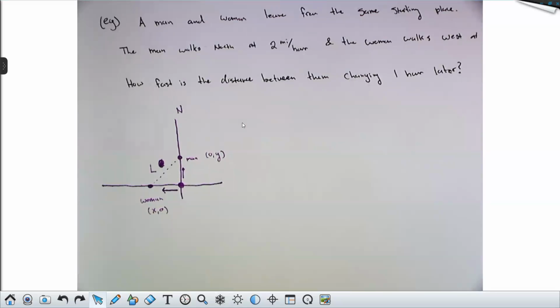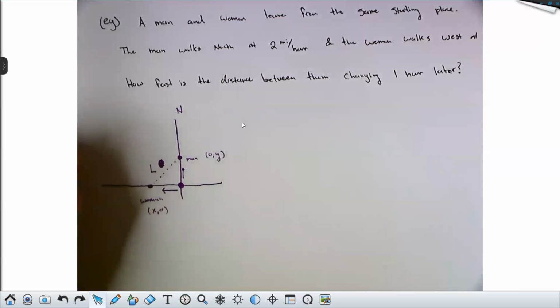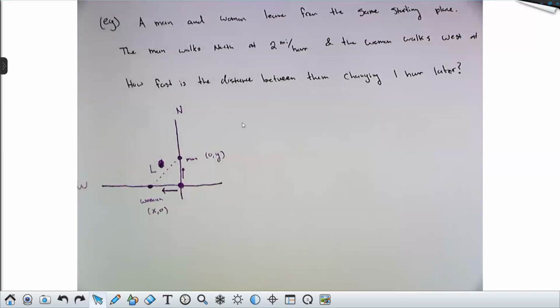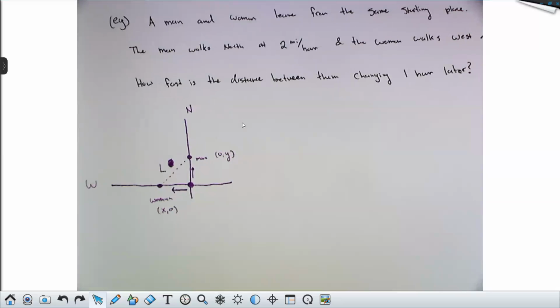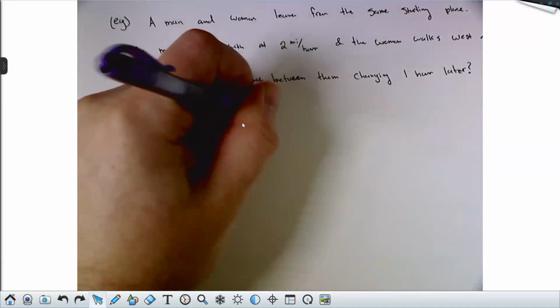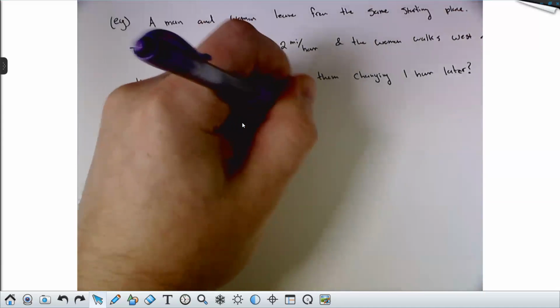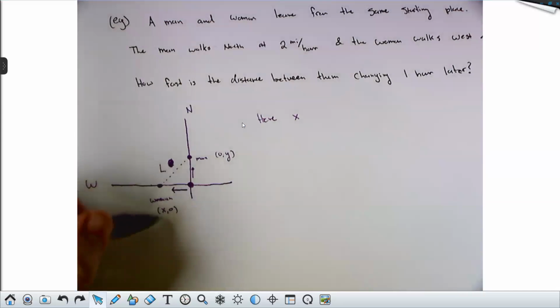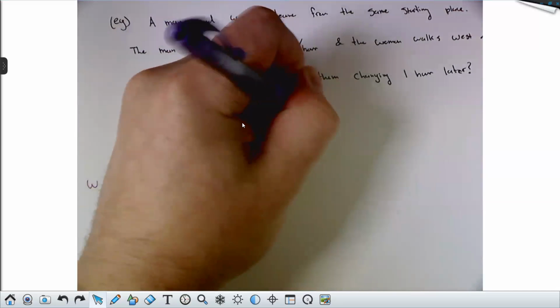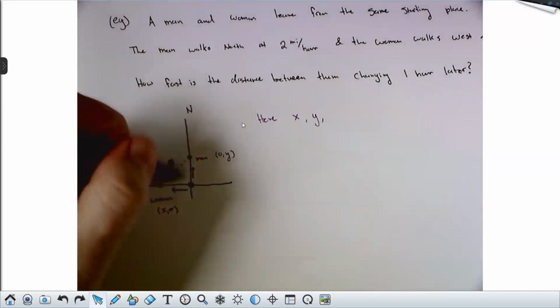So here, x, y, and L all change with time. X is the position of the woman. Y is the position of the man.